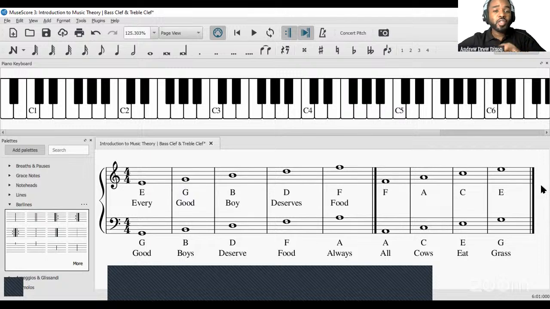I would also encourage drummers as well, even though for the drums you don't need to know the treble clef and bass clef, because musical notation for the drum is a little bit different in terms of what each line and each space represents. However, it's still good for all musicians, regardless of whatever instrument you are playing.